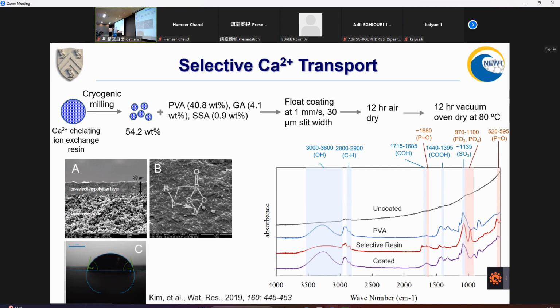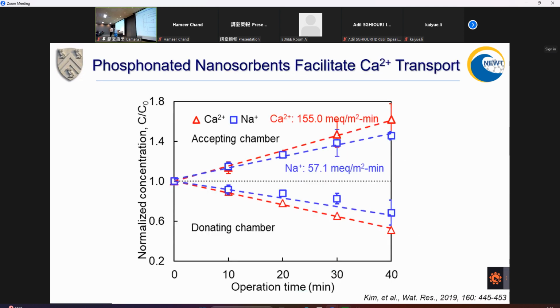We float coat it onto the carbon electrode surface. You can see here in the coating, you can find features of the original calcium chelating resin. Clearly, if we measure ion transport across this thin coating, this is the flux of calcium and sodium across the thin coating.